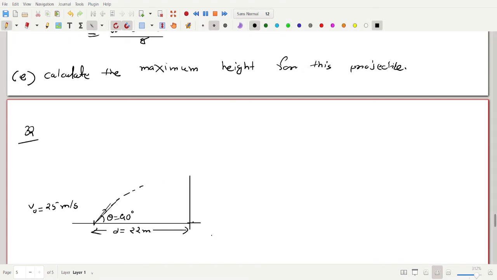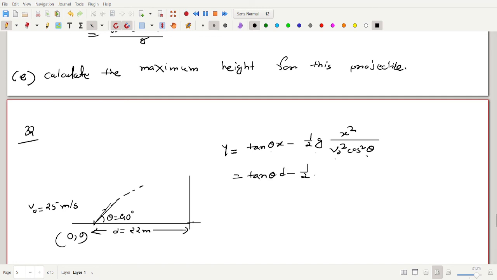So when the ball hits the wall, consider this as the origin. So y equals tan theta x minus g x square over 2 v naught square cos square theta. Just plug in the values, theta equals 40, v naught equals 25, g equals 9.8, and replace x by d, so y equals tan theta d minus g d square over 2 v naught square cos square theta.